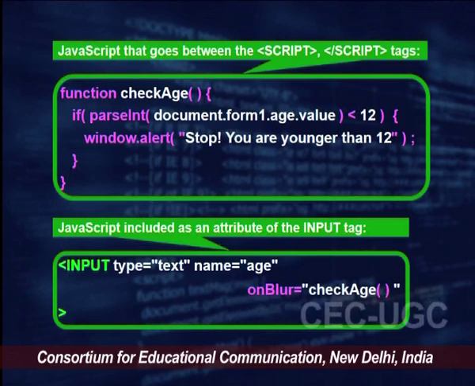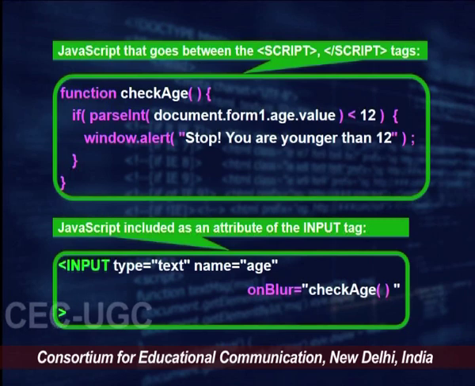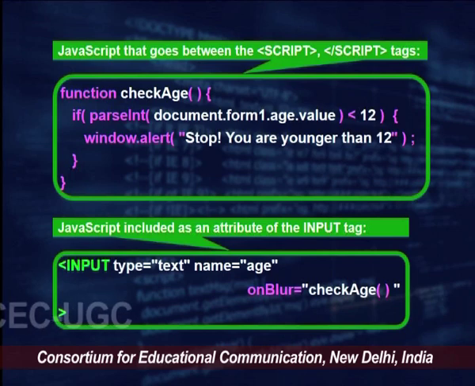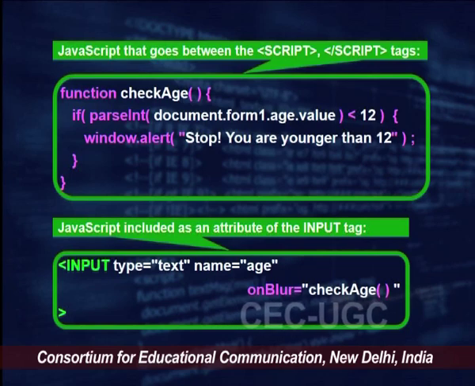Form1 is the name of the form, and age is the name of the text box. So we are specifying that the value has to be read from the text box age, which belongs to form1, which belongs to the document. In this case no argument needs to be passed; the form is directly referenced by name, and the text box is directly referenced by its name.